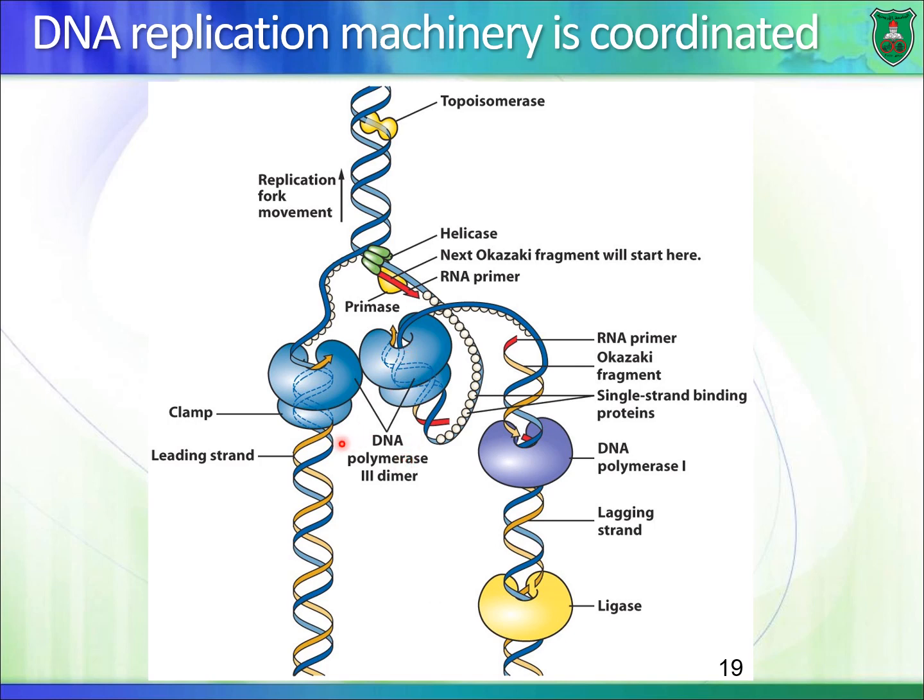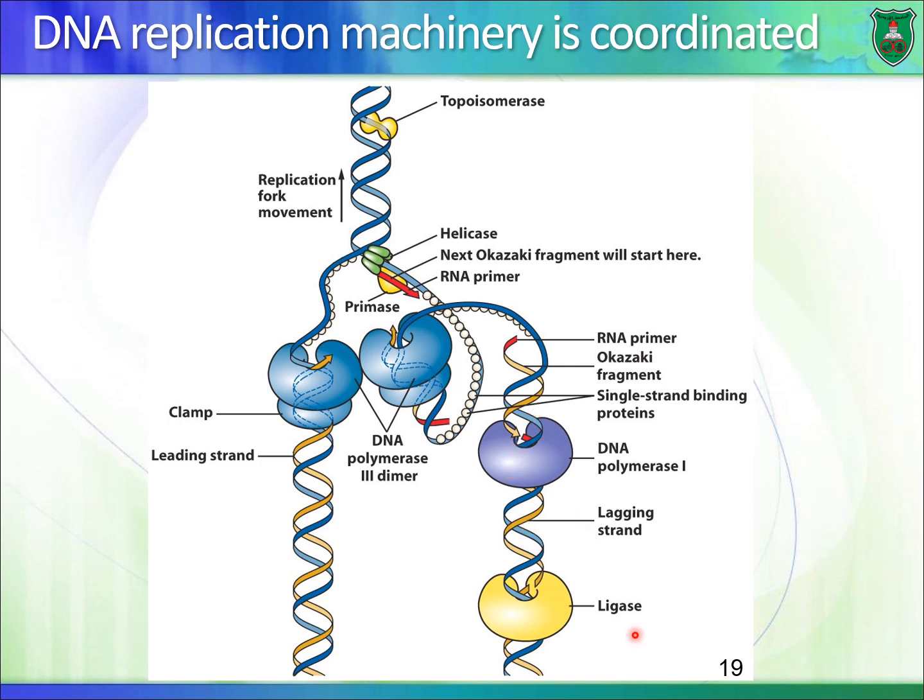Now, what happens is that you also have DNA polymerase 1. Here you have an Okazaki fragment. What DNA polymerase 1 does is that it removes the primer between this newly synthesized DNA and the other Okazaki fragment ahead of it, and it fills in the gap.